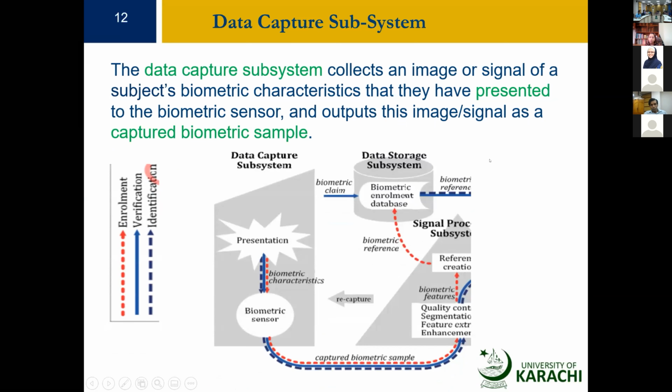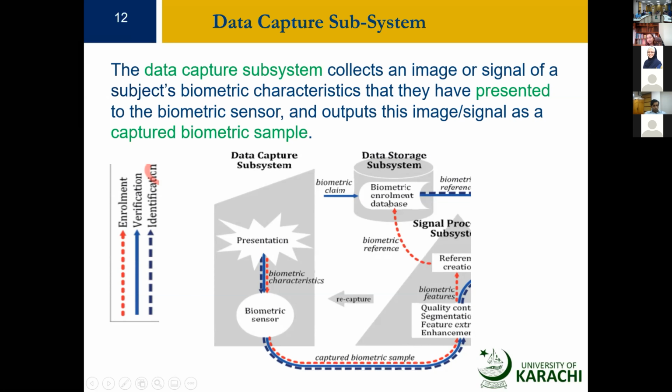I have broken down this diagram so that if somebody does not realize it at once, they can see a breakup diagram. This is the input side: there is a sensor, just like when we give our thumb fingerprints through a device. So we need a sensor and a presentation layer to capture the biometric characteristics.